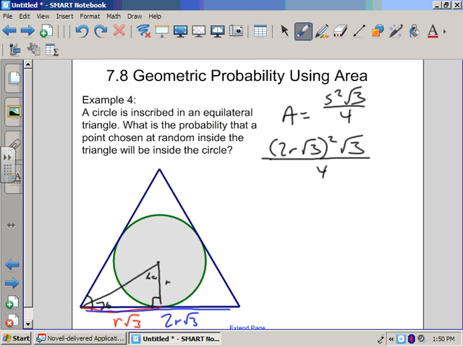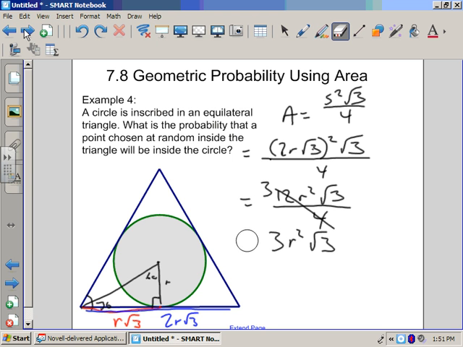Well, 2r times the square root of 3 squared is going to be 2 times 2 times 3, which is 12r squared times the square root of 3 divided by 4, which 12 and 4, 4 goes into 4 one time, 4 goes into 12 three times, and I end up with 3r squared times the square root of 3. Now, that was not my favorable region, that's my total region, the region of the equilateral triangle. So my total region is 3r squared times the square root of 3.